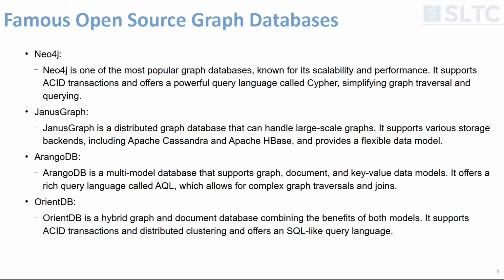Second one is called JanusGraph. It's another distributed graph database. And again, it can handle large scale graphs, support various storage backends like Apache Cassandra and also Apache HBase, and also provide a flexible data model.